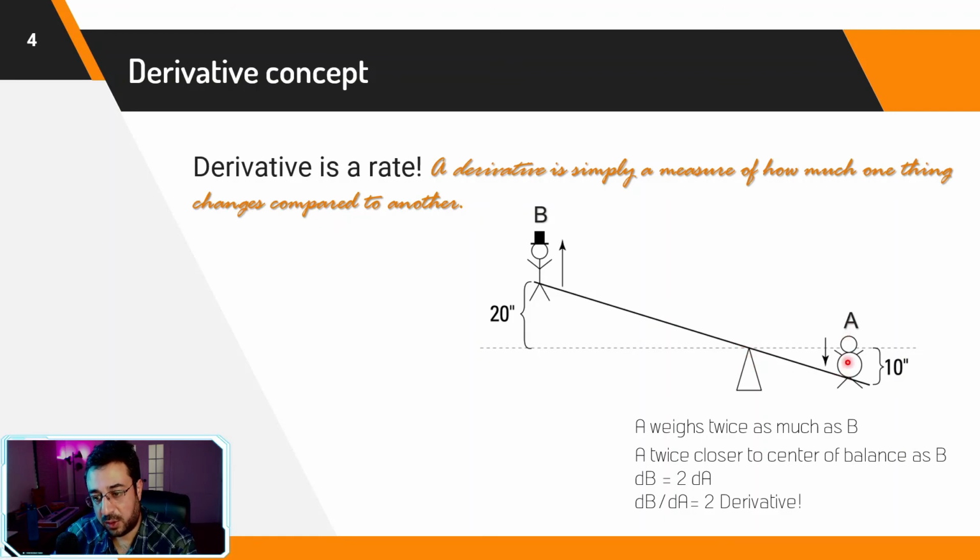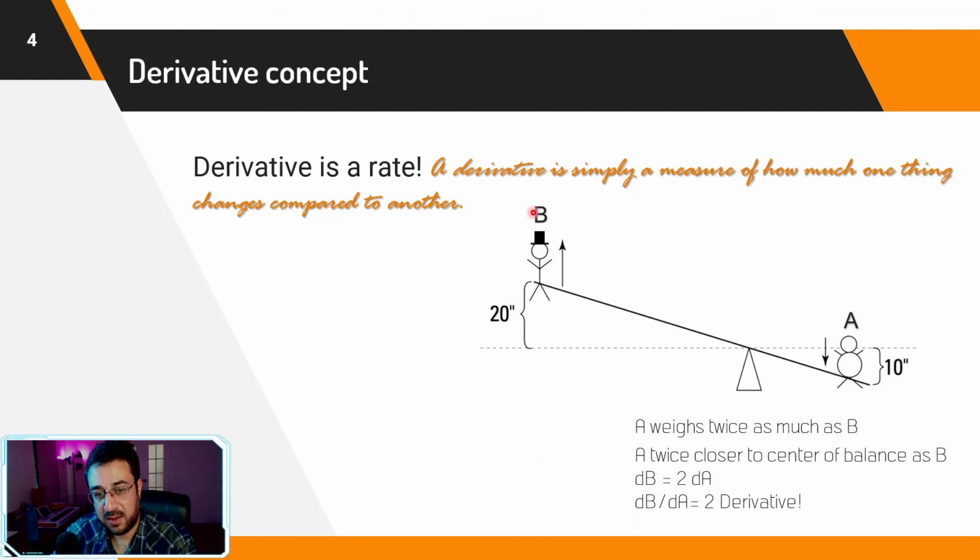Person A is sitting 1 unit away from the origin, and person B is sitting 2 units away from the origin. So A weighs twice as much as B, and A is twice as close to the center of the balance as B. Now, how do we represent the derivative, or the rate of change of motion, for these two people who are playing on the balance?